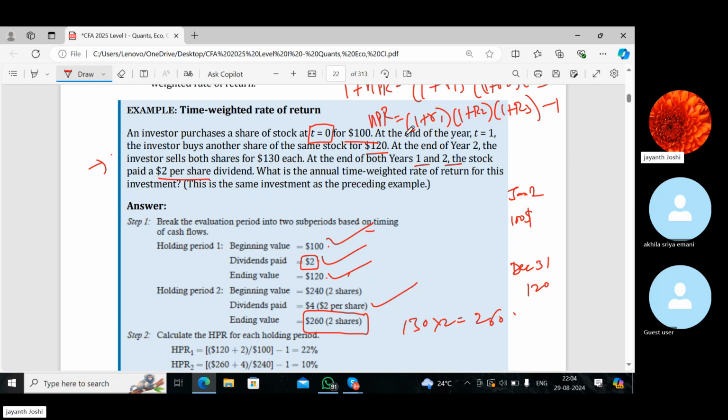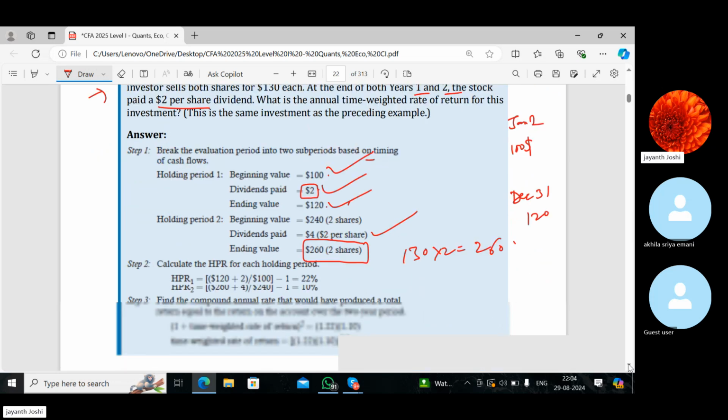At the end of year T1, the investor buys another share of the same stock for 120. So 120 stock we have, but how come we got 2 shares?